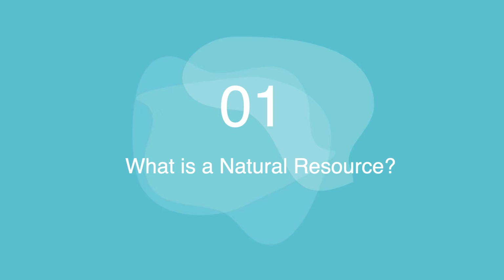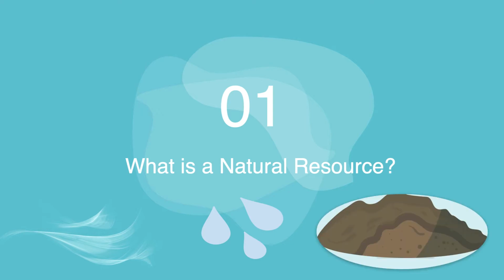people. Earth's natural resources include light, air, water, plants, animals, soil, stone, minerals, and fossil fuels. Natural resources can be divided into two groups: renewable resources and non-renewable resources.